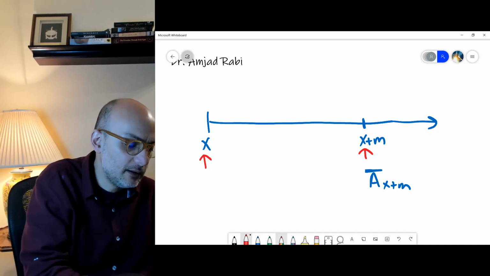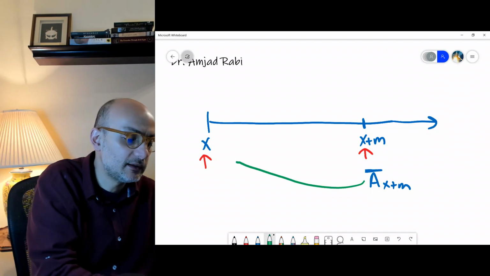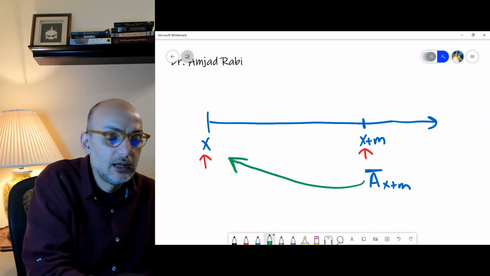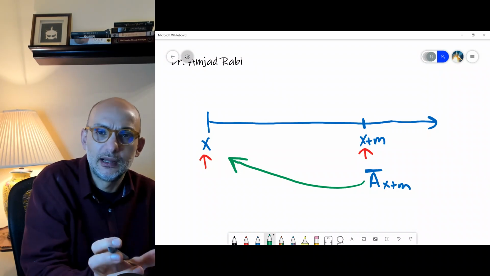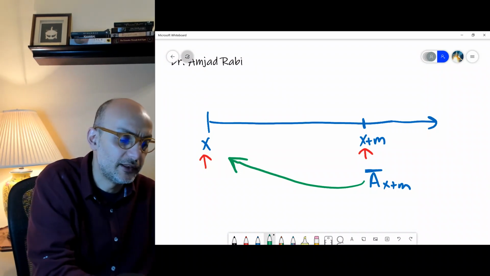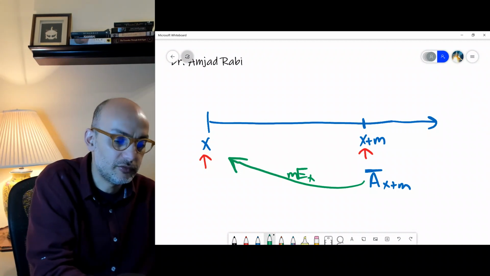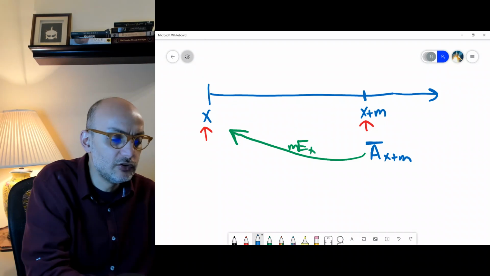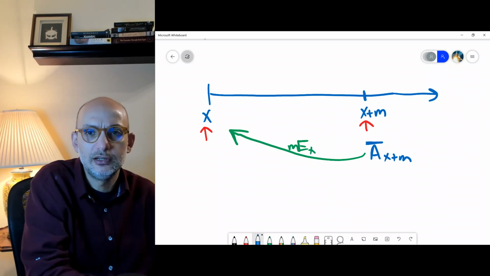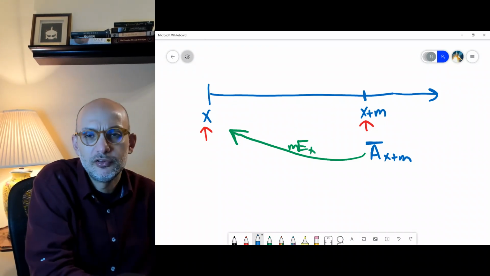In actuarial mathematics, to bring anything back to here, we need to multiply it by the actuarial discounting factor. Remember the factor: here we have m, so it should be multiplied by mEx. We have a specific notation for deferred insurance, similar to deferred mortality.